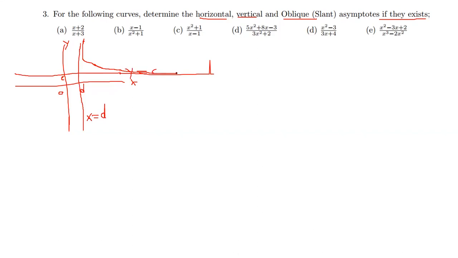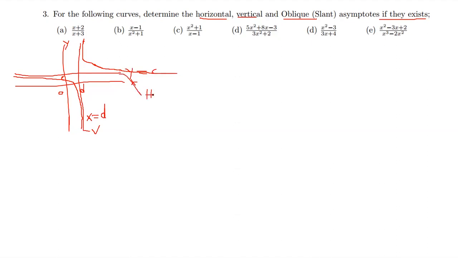That's the way it is. Even this side moves the same way, continuing like that, but it will never meet the asymptote. So this is the vertical asymptote, and this one is the horizontal asymptote.